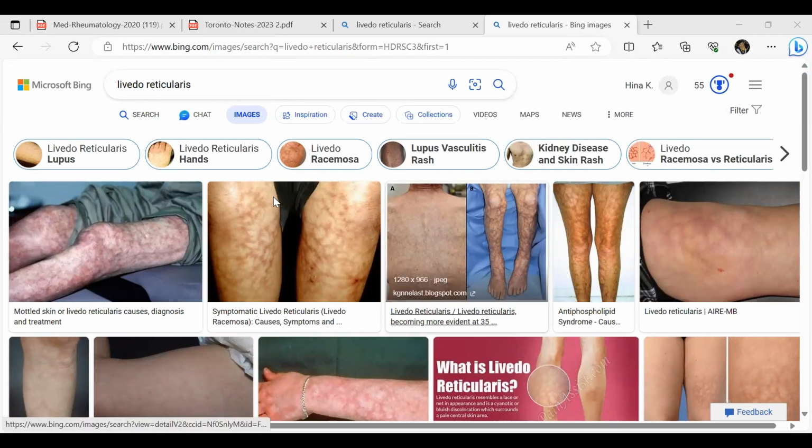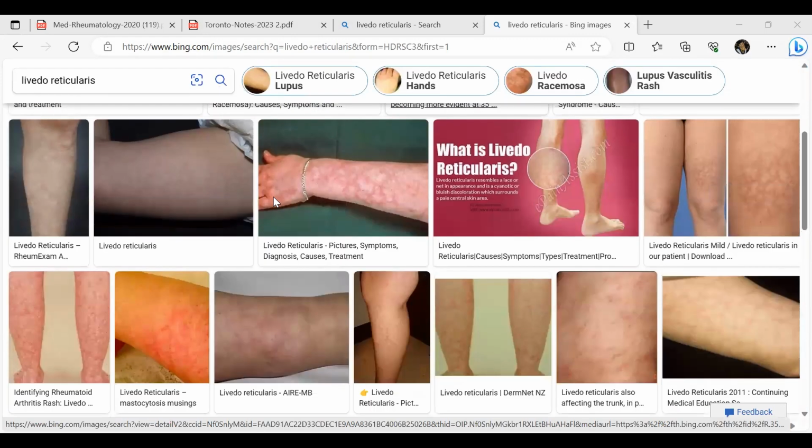This is medium vessel vasculitis. Livedo reticularis resembles a lace or net in appearance and is a cyanotic or bluish discoloration which surrounds a pale central skin area. There is a pale area we can see, and it's a lace-like pattern, with cyanotic or bluish discoloration.